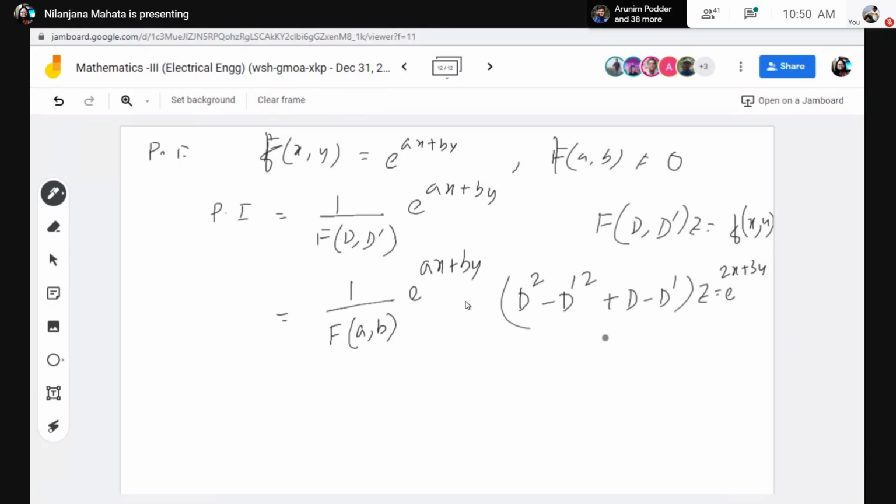First you solve for the CF. This will be D minus D dash into D plus D dash plus 1. So you know what your CF is.